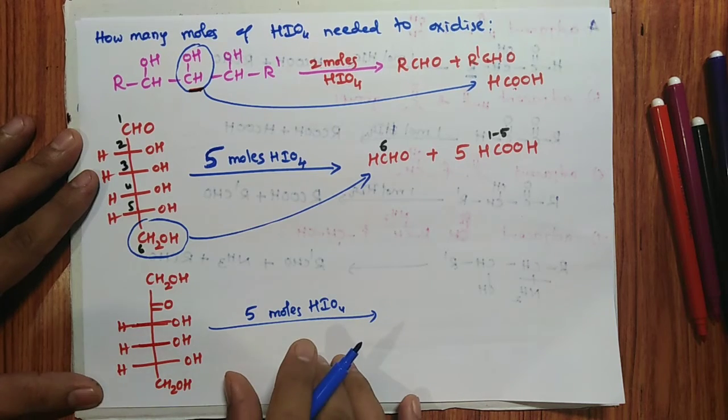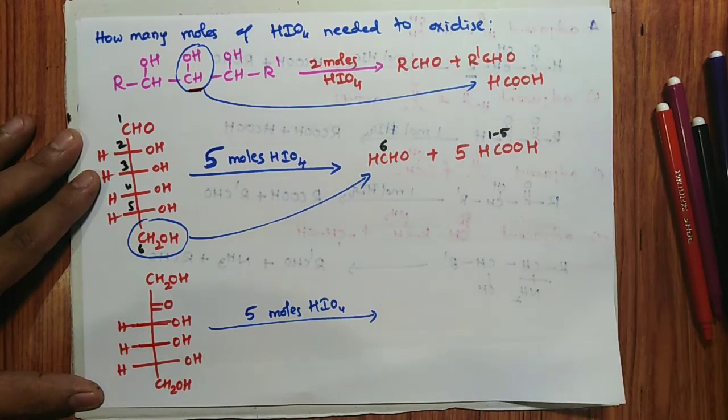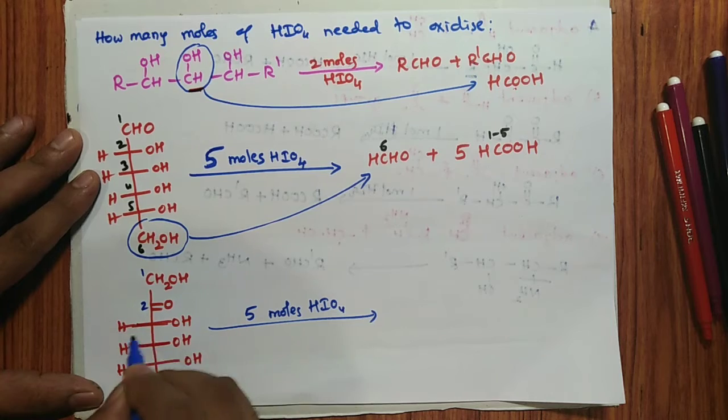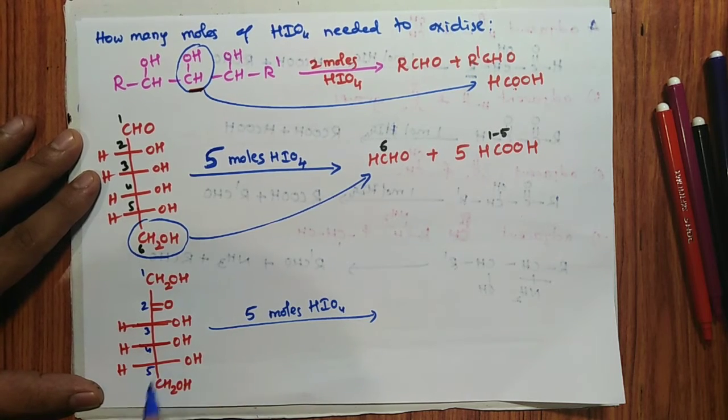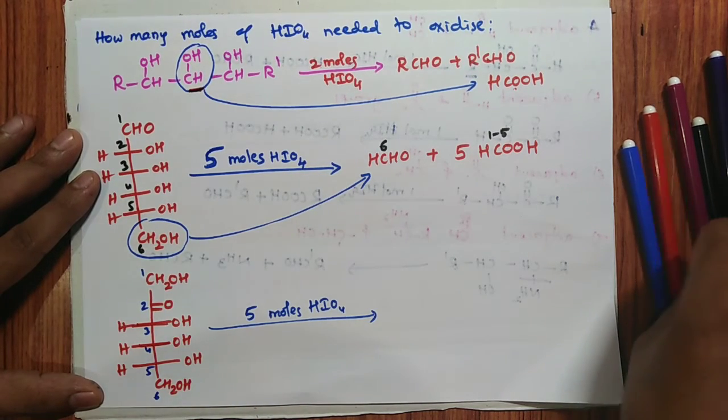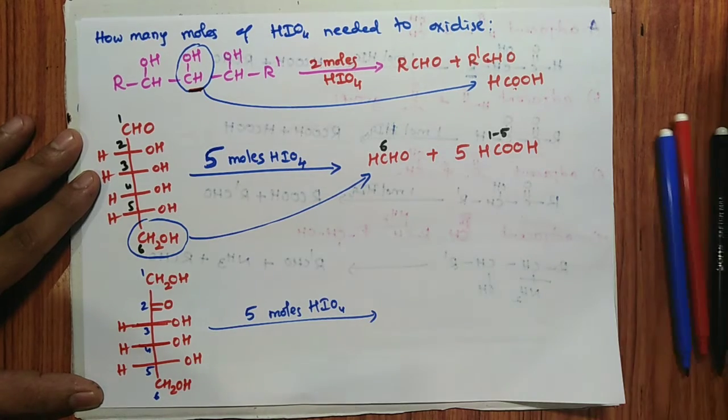Now see what product is formed. Very, very important part. I will number this once again: 1, 2, 3, 4, 5, 6. Now see the product.